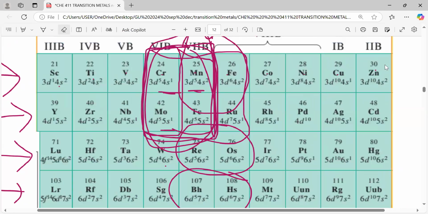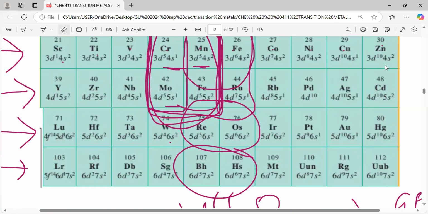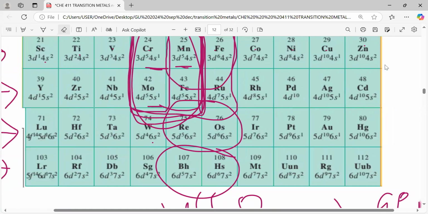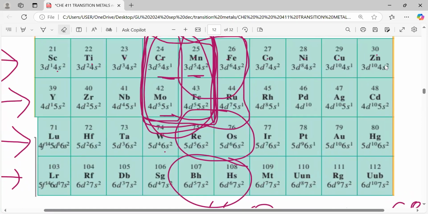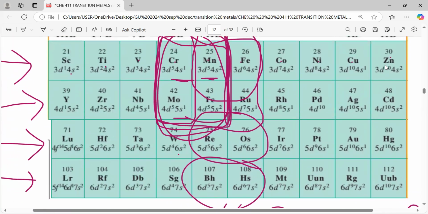Tungsten is W, and W is here. I'll use my pointer. So tungsten is here. You can see it, W, and the other one is mercury on the far end. And you can see tungsten, which has a very high melting point, is a D5. If I just move that one S there, it will be D5.